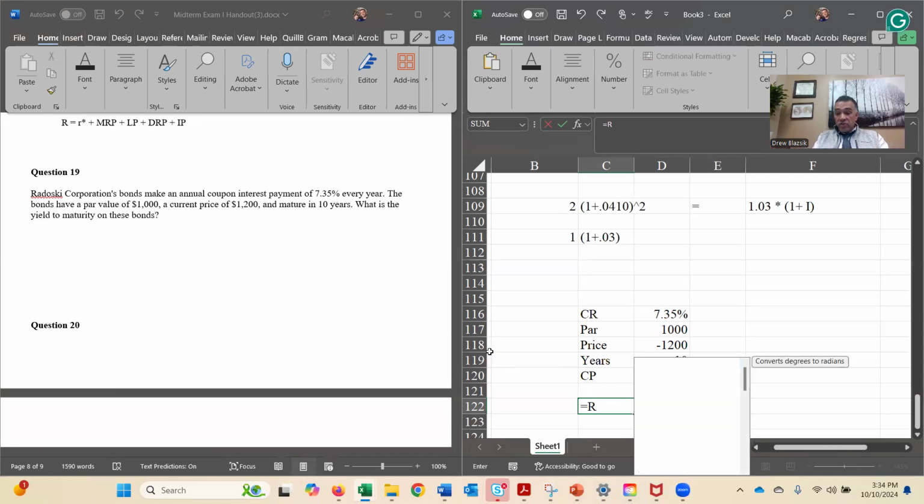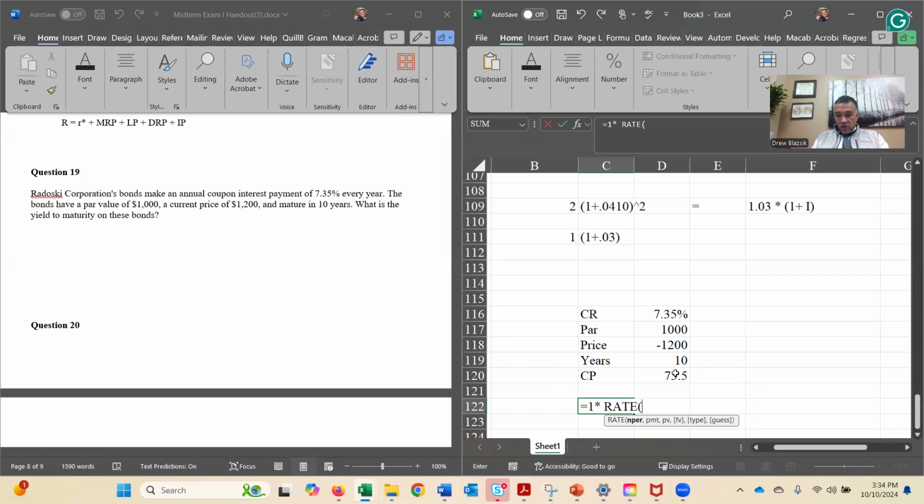That note, get used to it. One payment per year. So I'm going to say 1 times the rate. Total number of payments is 10. PMT, we just solved coupon payment 73.50. Present value. And then future value. That'll be the answer.